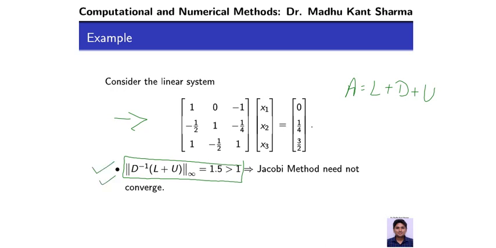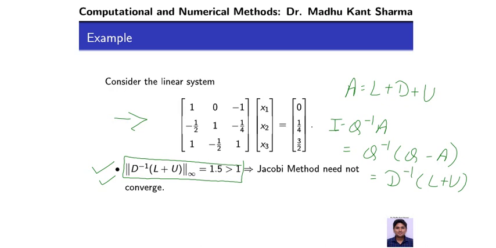For the Jacobi method, I - Q inverse A, which equals Q inverse (Q - A), is equal to D inverse (L + U). So for the Jacobi method, you need to satisfy the sufficient condition for the convergence of the scheme.